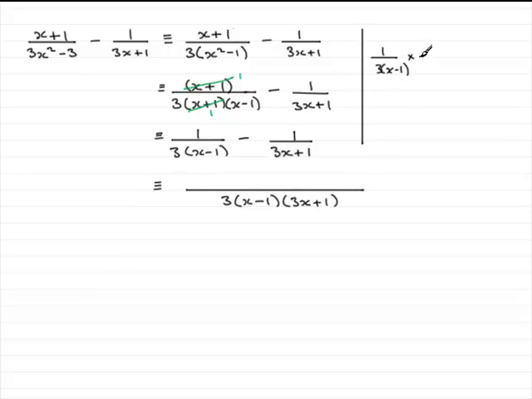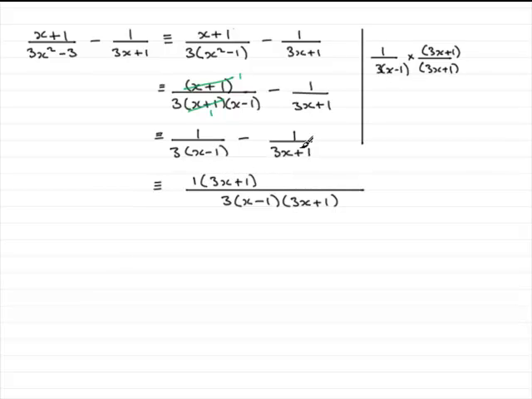So if I was to multiply this by 3x plus 1, as long as I multiply the bottom by 3x plus 1 and do the same to the top, then this is essentially 1, and so the fraction stays the same as 1 over 3 lots of x minus 1. So I can see that this fraction is just going to be 1 times 3x plus 1.